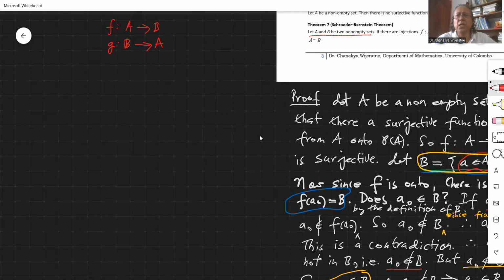That means A and B are numerically equivalent.